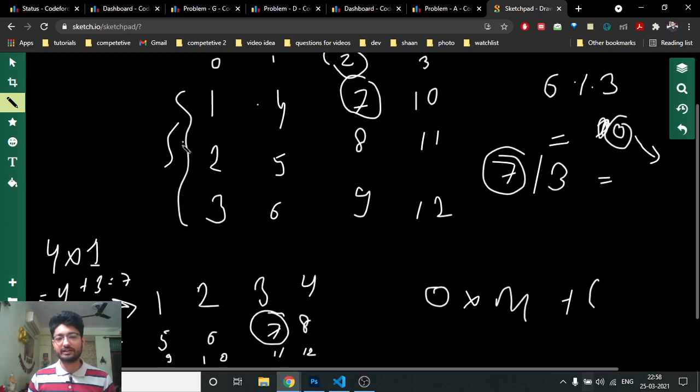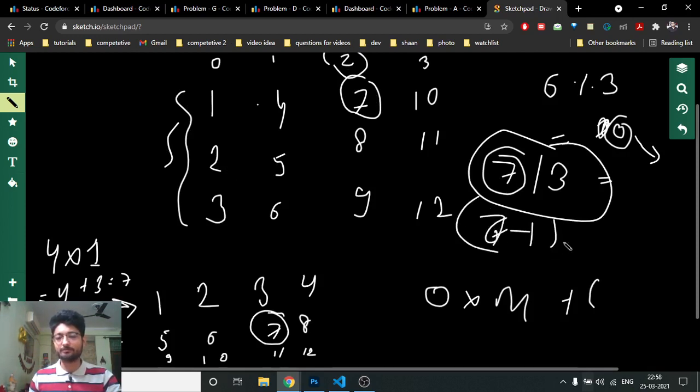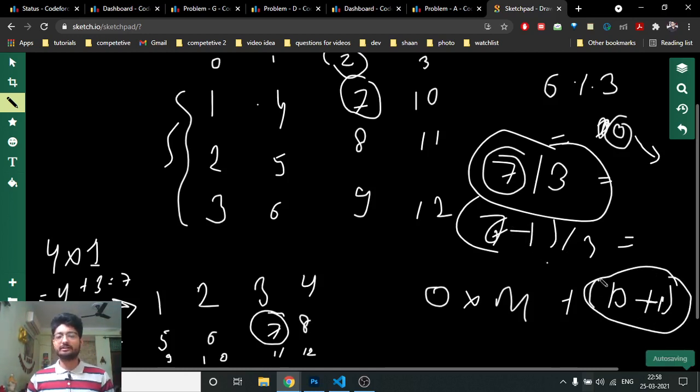We have taken that it is in the first row, and the column we find by this: 7 minus 1 divided by 3 will give you the column it is in. So this plus 1. Why plus 1? Because this is from 0th indexing but we want it from the first indexing. I hope you understand the logic part of it.